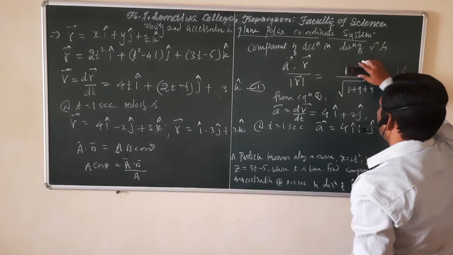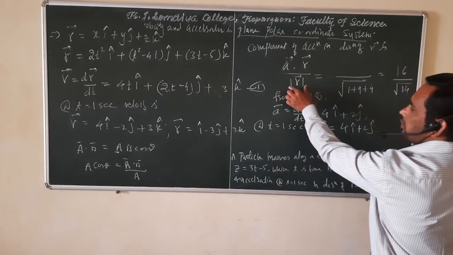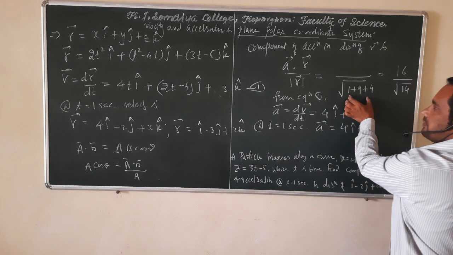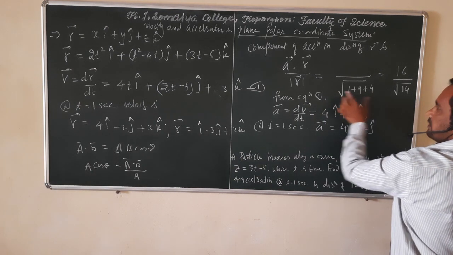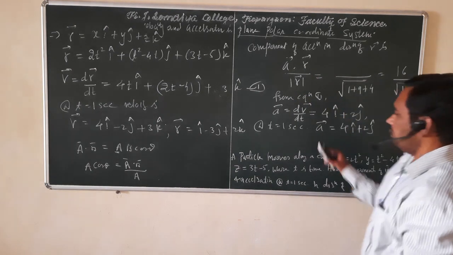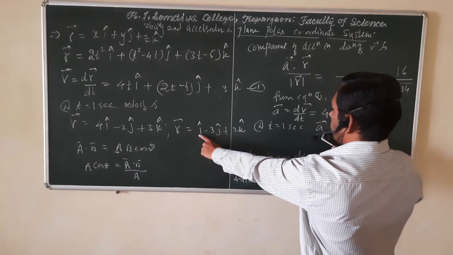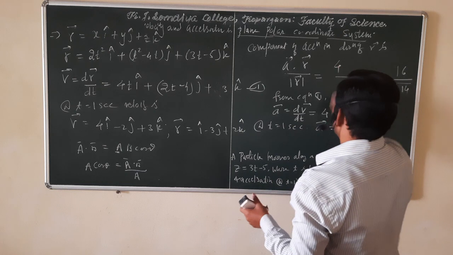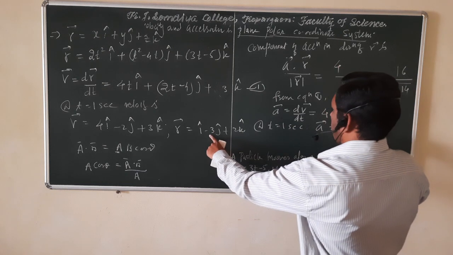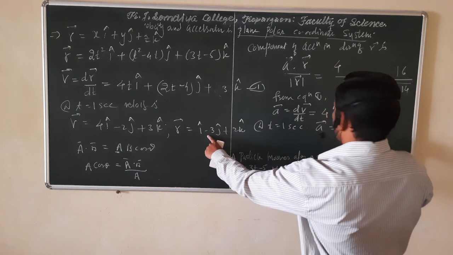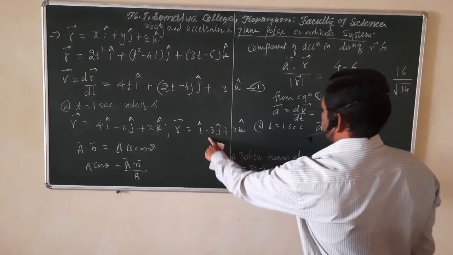Now see what we will get. The magnitude of vector r will remain the same, and a dot r: we have to take the dot product of vector a with r. So there is 4 into 1, which is 4, and minus 3 into 2, which is minus 6.